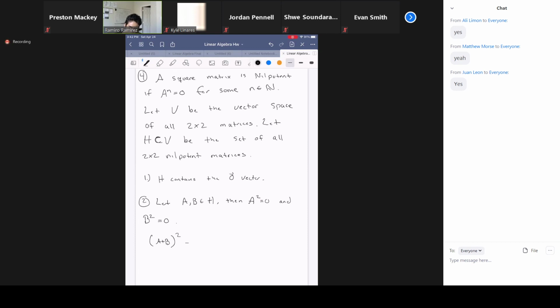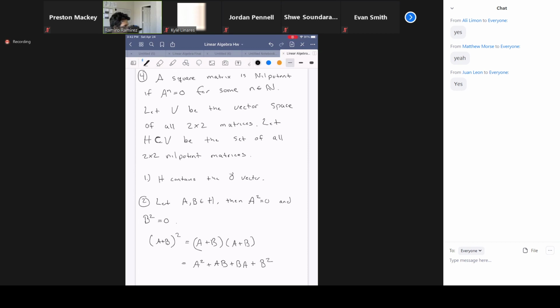Okay, so now square this. So this is going to be A plus B, squared. It's going to equal A squared plus AB plus BA plus B squared, right?